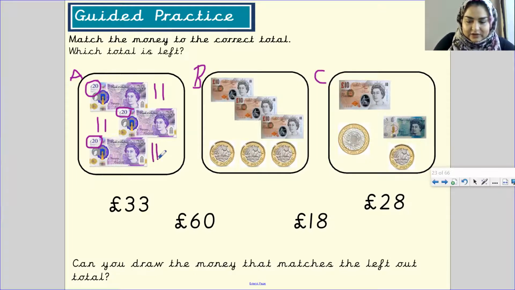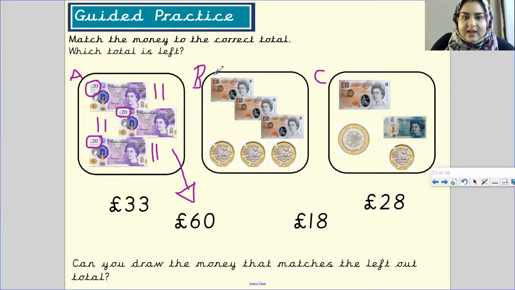So now let's count. 10, 20, 30, 40, 50, 60. So I know A is £60 because I have 3 £20 notes, which means 20 add 20 add 20.